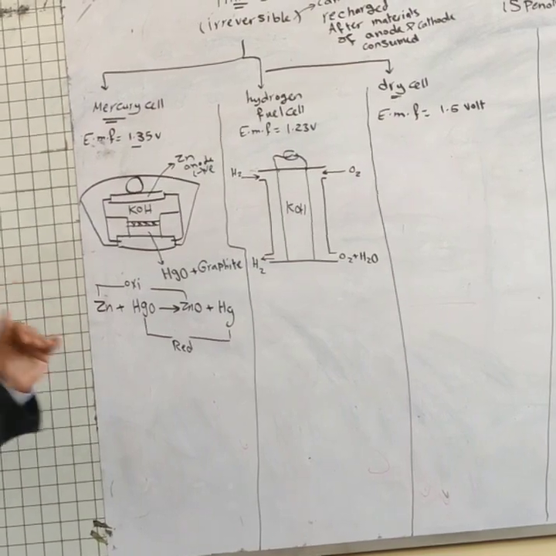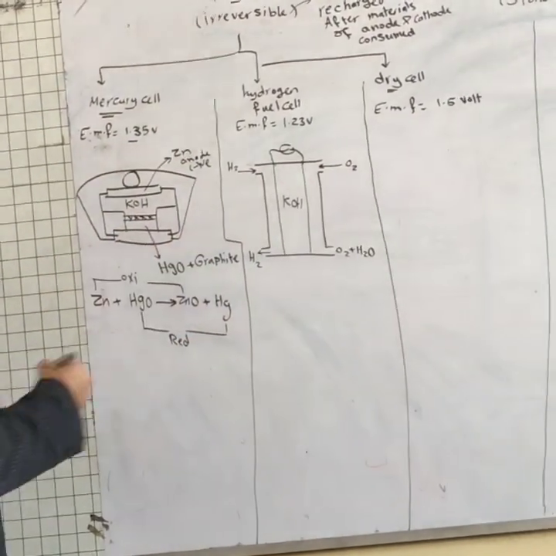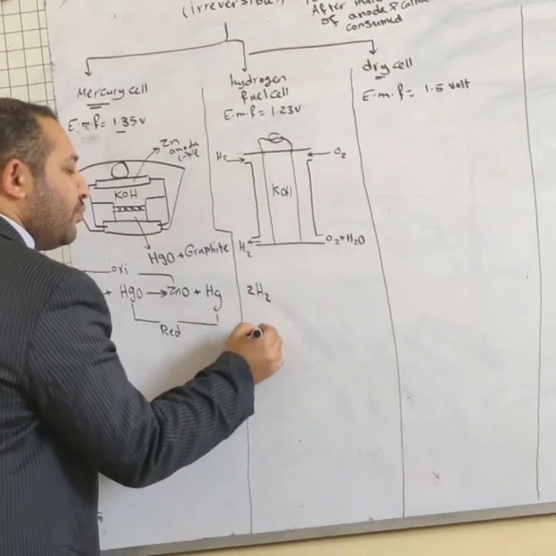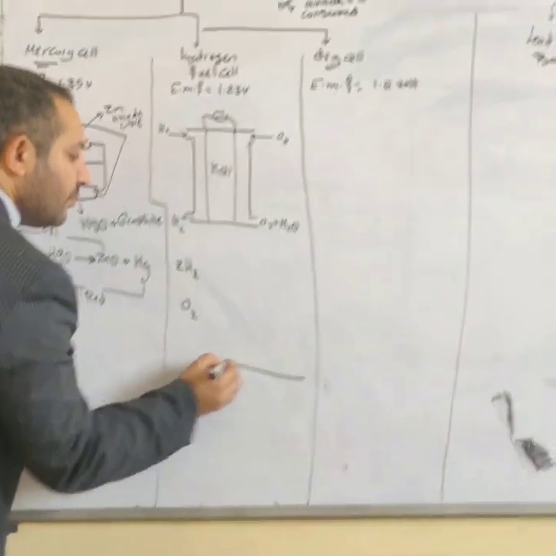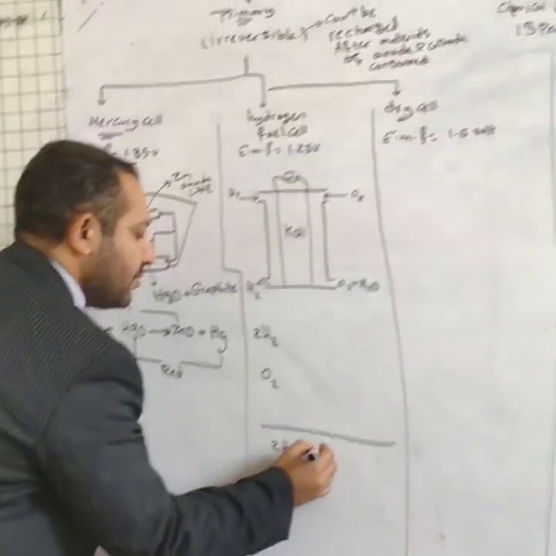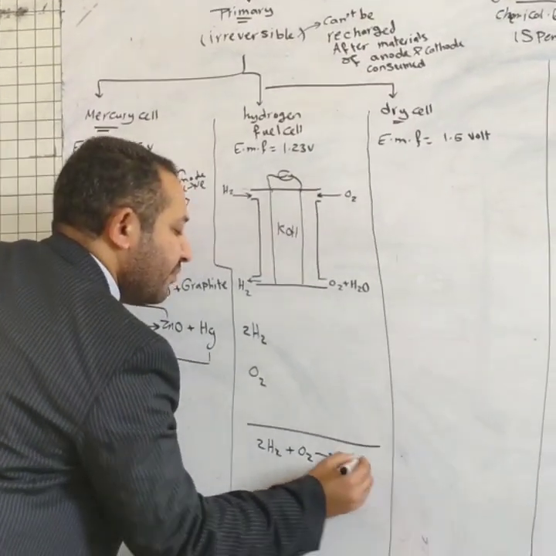Okay, what about the reactions? We will write them as follows. Firstly, 2H2 plus O2 gives 2H2O.